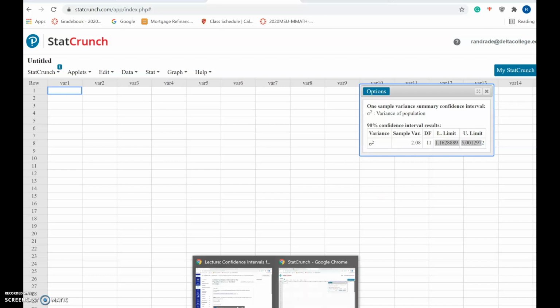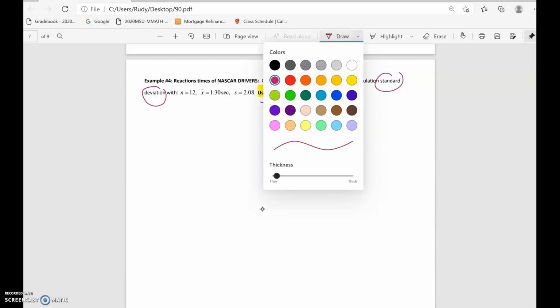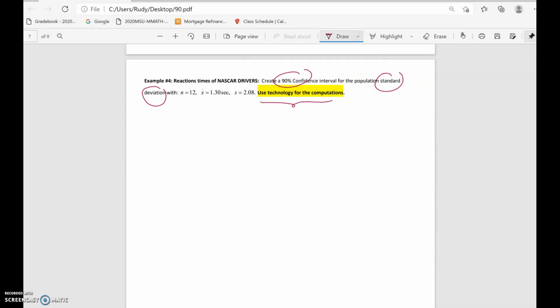So let me go to the problem and write it as if we had the technology. The 90% CI for the standard deviation is going to be based on the following formula.